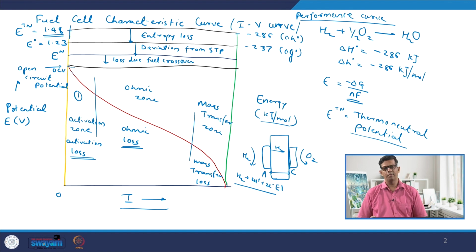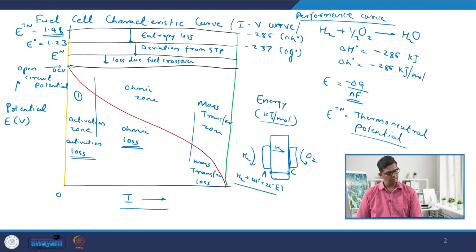This is highly unfavorable, because we are losing fuel, that is hydrogen, to the cathode side. This loss arises due to the fuel crossing the electrolyte, moving from anode to cathode. That is why this loss is called loss due to fuel crossover. It's a negligible loss, and its magnitude depends a lot on the thickness of this electrolyte, and this we will discuss even more when we discuss the ohmic losses.